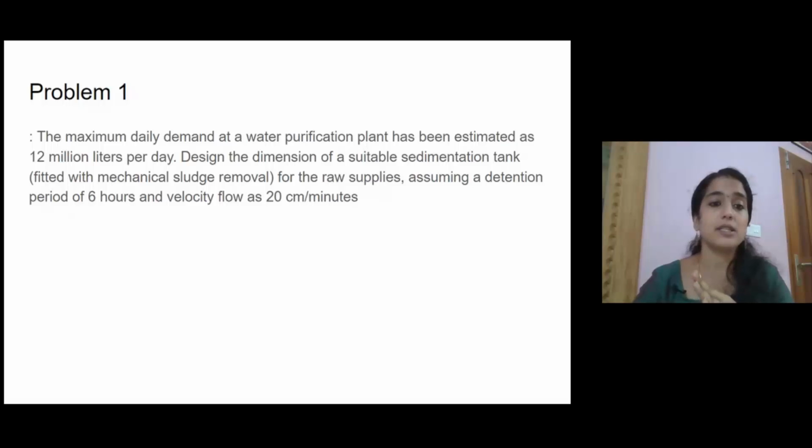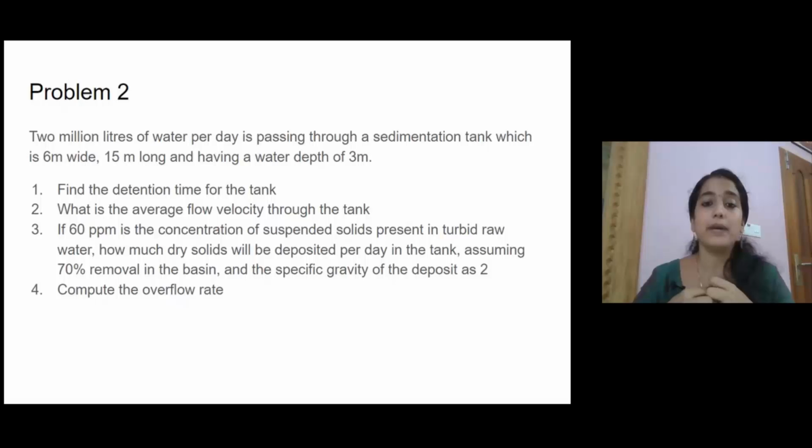The next question is, 2 million liters of water per day is passing through a sedimentation tank which is 6 meter wide, 15 meter long, and having a water depth of 3 meter. Find the detention time of the tank. What is the average flow velocity through the tank?